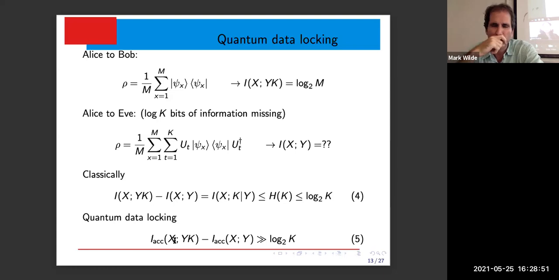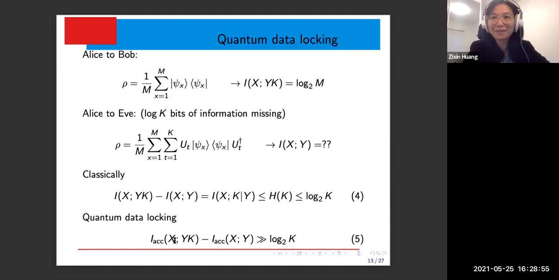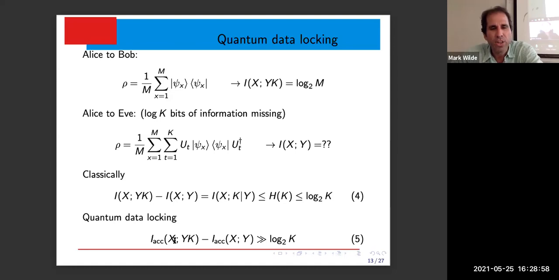I think I might have a different way of understanding it. I actually worked on this topic like 10 years ago, so I'm trying to remember everything. But I think your equality in 4 allows you to write a conditional mutual information, whereas the difference of accessible informations cannot be written as a classical conditional mutual information because they lead to different distributions, right?